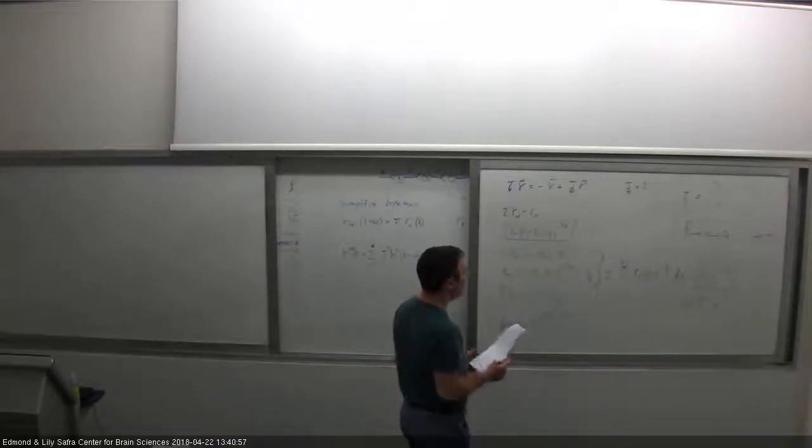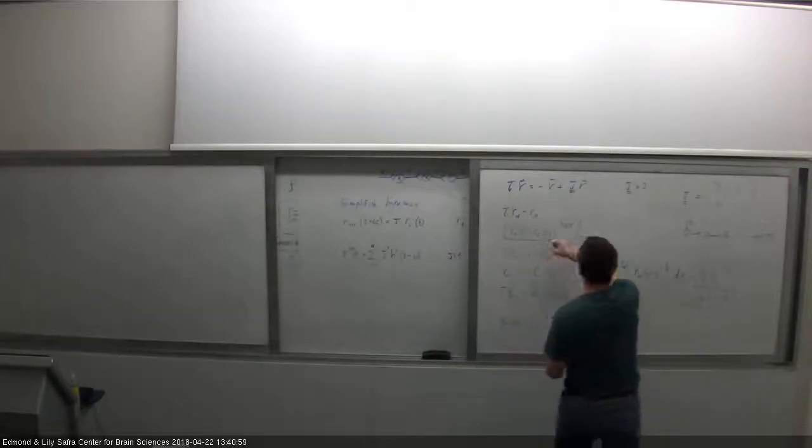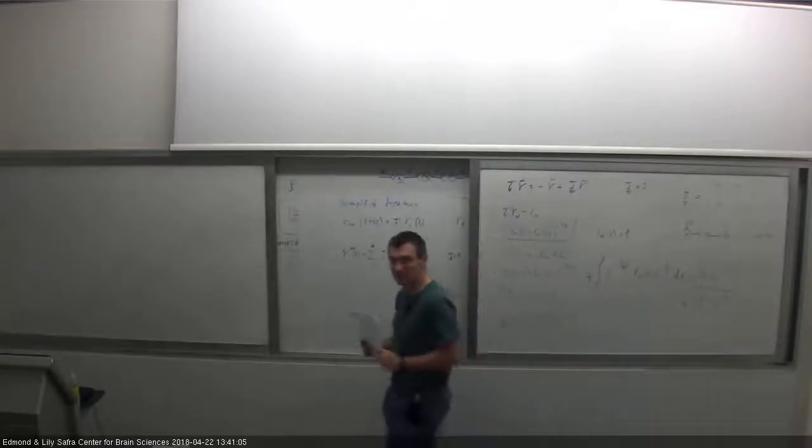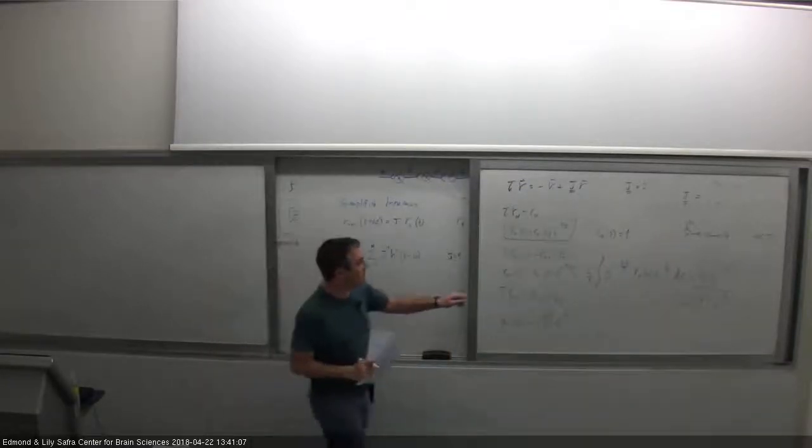Everything here should be multiplied by Rn of 0. I will assume that Rn of 0 is equal to 1. I forgot to add the Rn of 0.